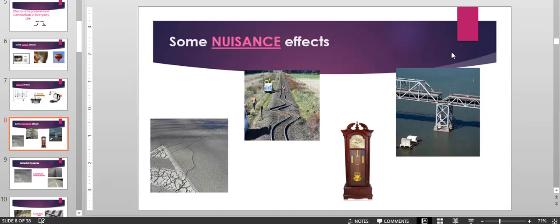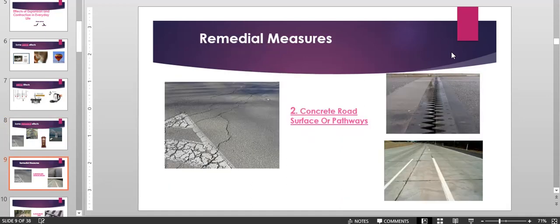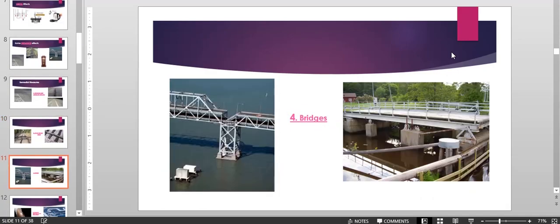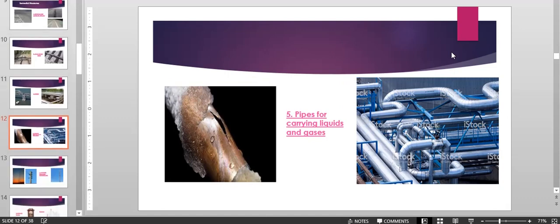Meanwhile, we have also seen the remedial measures to overcome the harmful effects of thermal expansion and contraction.